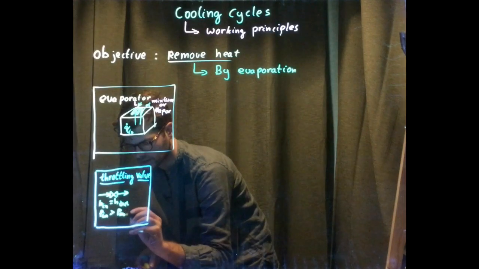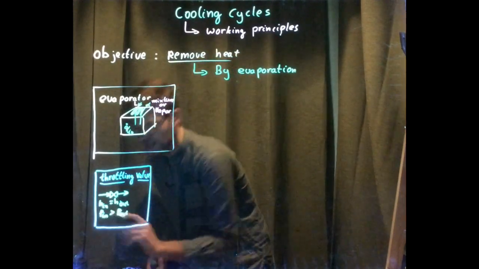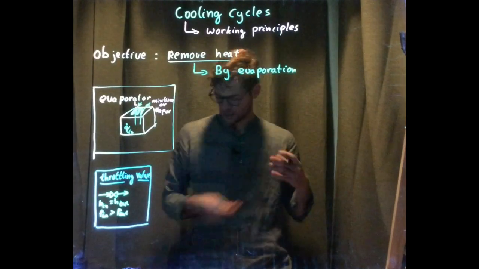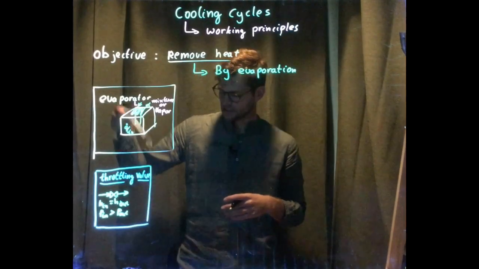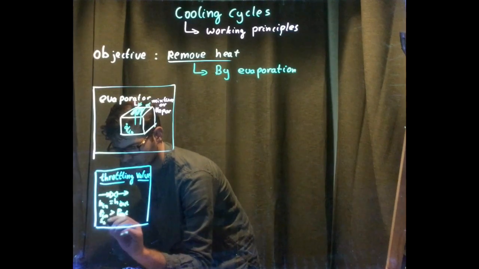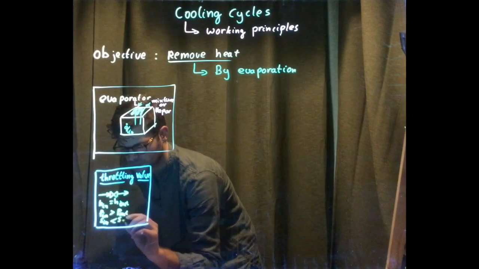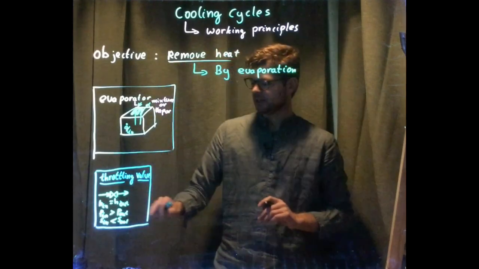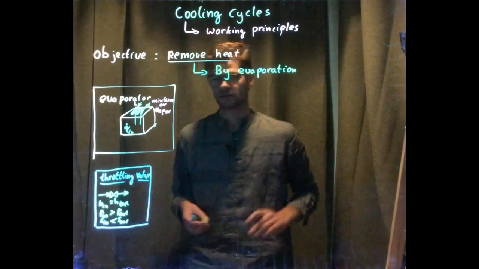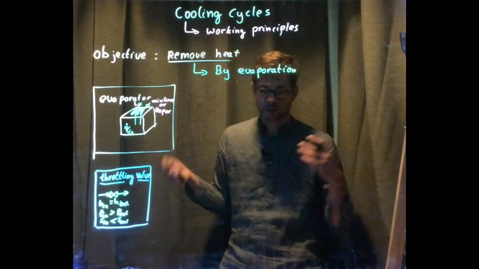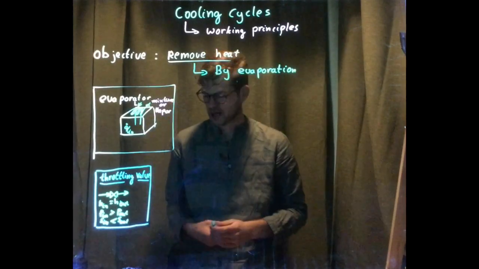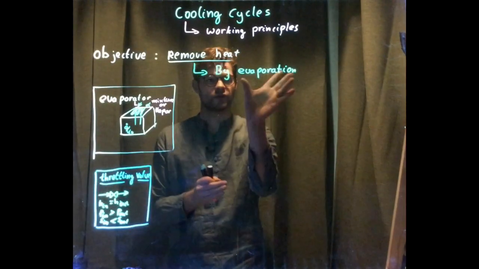The pressure will be lowered, and if I expand the fluid, like with the syringe, entropy will increase. So the entropy in will be lower than the entropy out. Enthalpy will remain constant, so the amount of energy inside the system remains constant, but the entropy will increase. We've got the evaporator and the throttling valve now, which are the basic components used for evaporation.